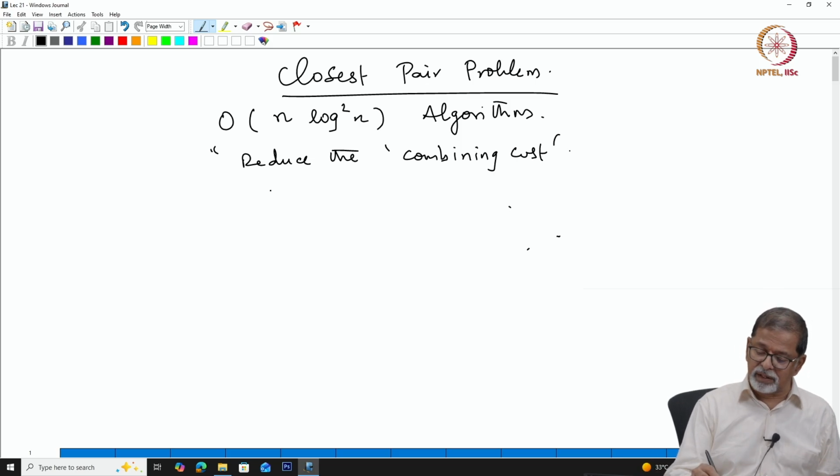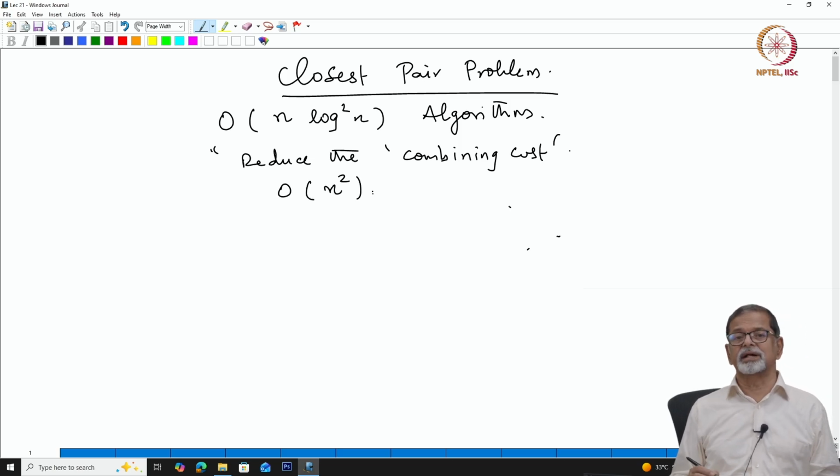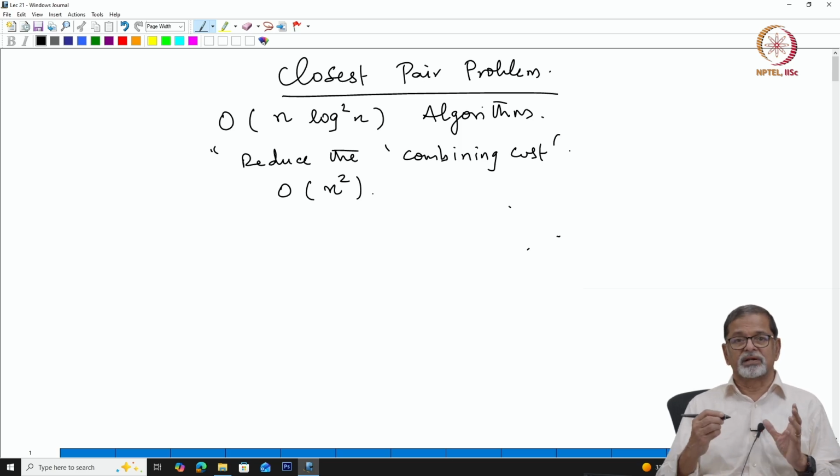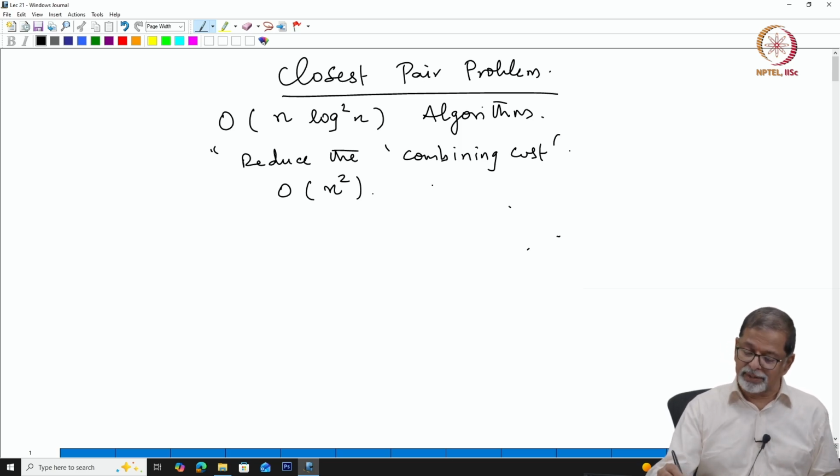Initially, the combining cost was order n square. Then, by avoiding a lot of unnecessary computation of the distances between the pairs in different halves, we have restricted it to points in delta band.